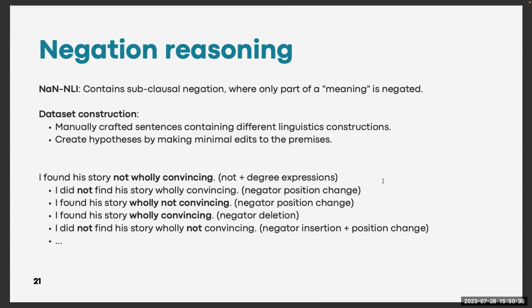So basically it was meant to show that when you switch the position of "not" in those subclausal negations, the meaning of the sentence can change very drastically, but the similarity in terms of lexical form is very minimal.